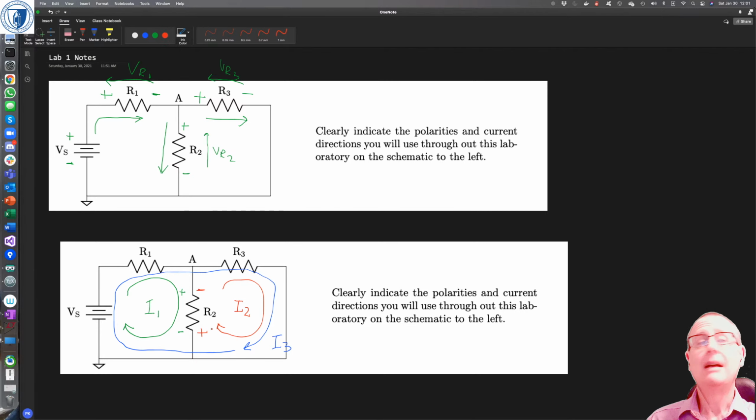And that's okay. You've just got to be careful with whether you're thinking about voltages with respect to I1 and the direction it's flowing, or you're thinking about voltages with respect to I2 and the direction it's flowing.